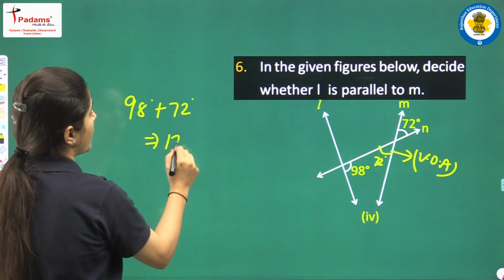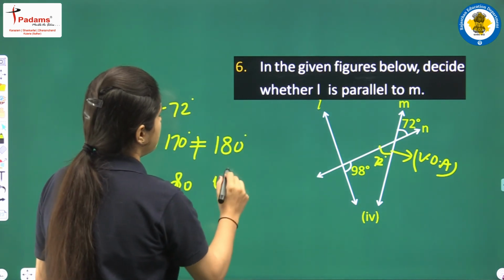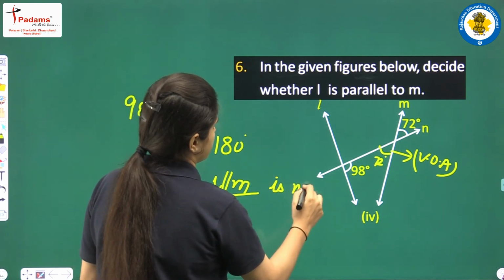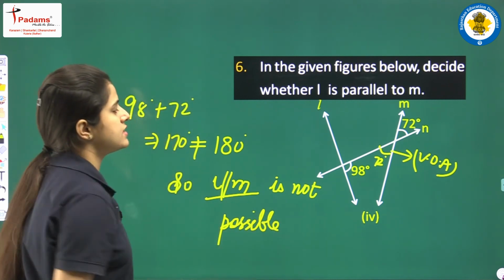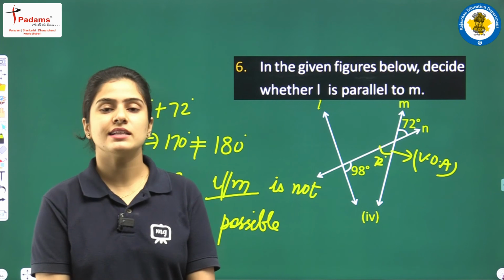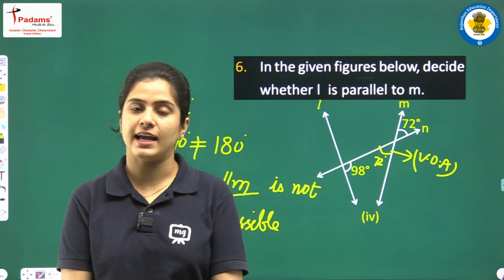This is equal to 170 degrees, which is not equal to 180 degrees. So it means that M and L are not parallel. Why? Because the sum of the interior angles on the same side of the transversal should be 180 degrees in the case of parallel lines.